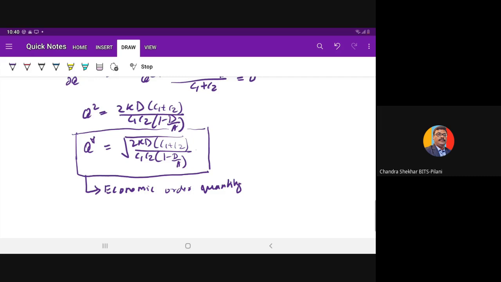Right? So after this, what will be del square TCU upon del Q square? First we have to check whether it is the minimum or not.